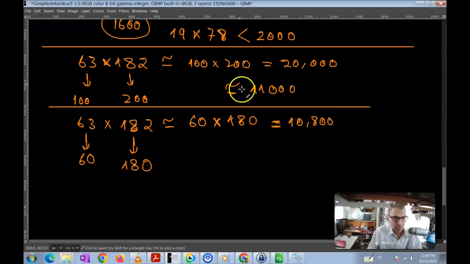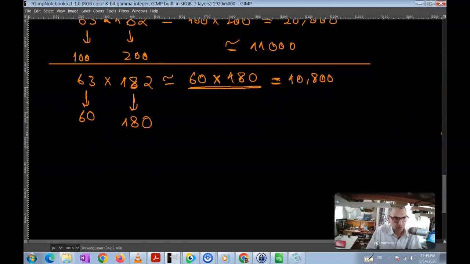Now the actual calculation is very close to 11,000, and 10,800 is very close. But doing this calculation is not easy. As you saw, I actually had to use a calculator. So this is a very good estimate, but it's not going to be quick enough, and not easy enough.